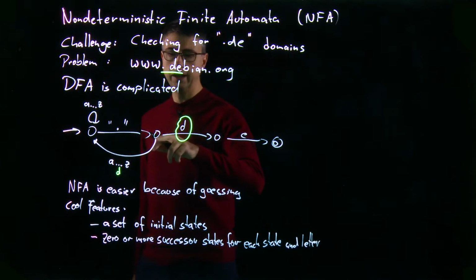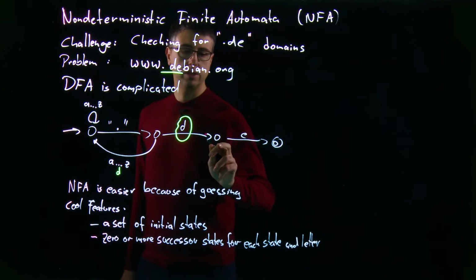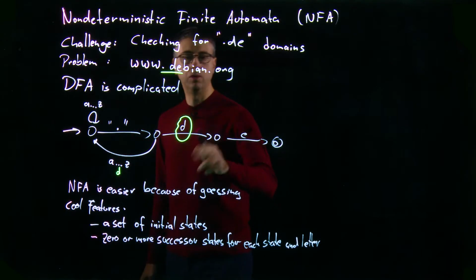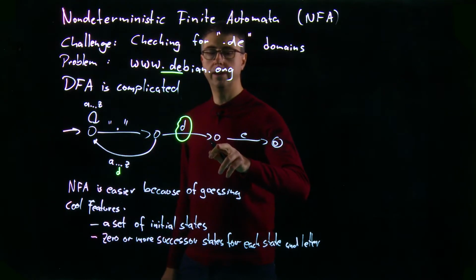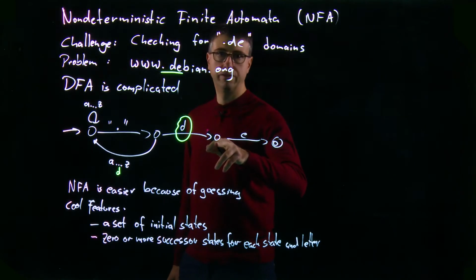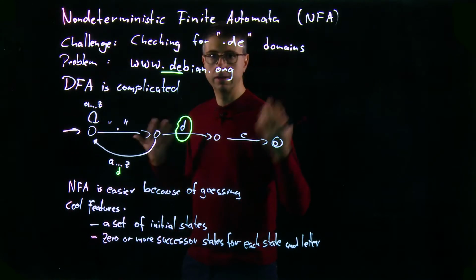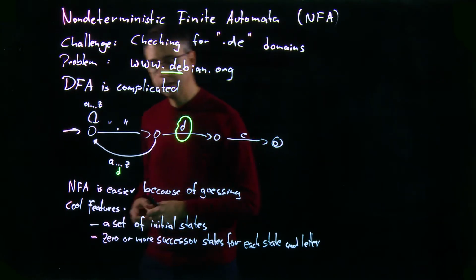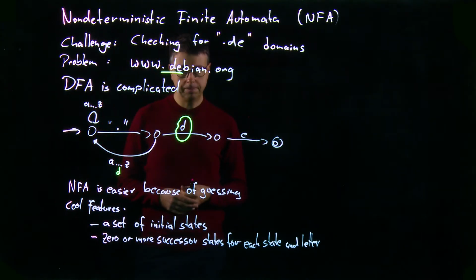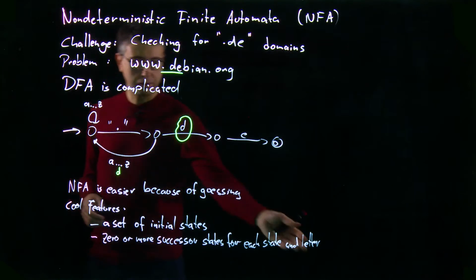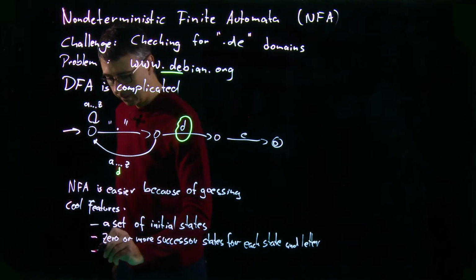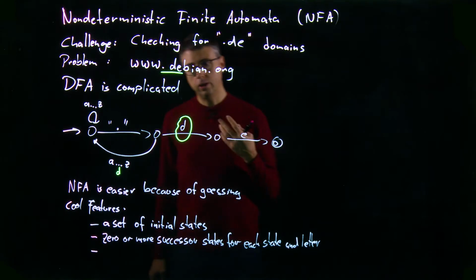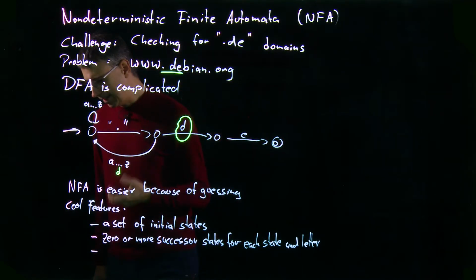There's something you see here. Here we have 2. In this state, for example, there's no successor for, let's say, D. If we would be here with the D, there's no outgoing transition with the D, so it would be stuck. So it's possible to have 0 successor states for a given letter. And what the automaton does is it guesses.